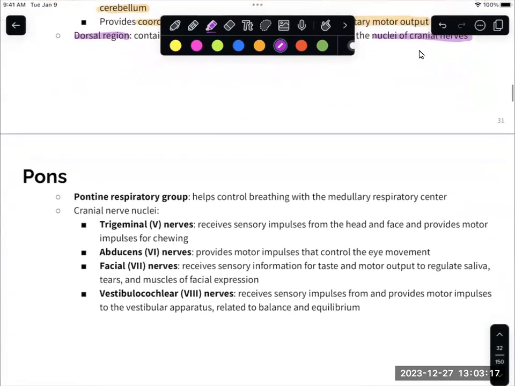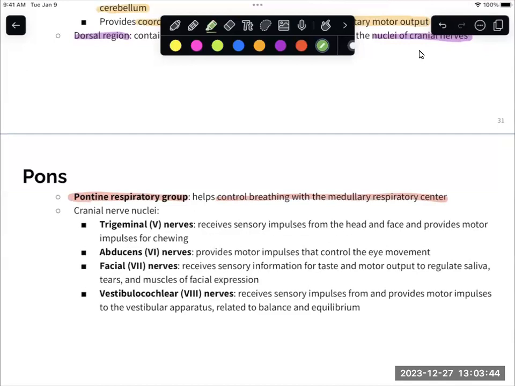We also have a pontine respiratory group. It's going to control breathing with the medullary respiratory center. You go into a lot more detail about what these medullary and pontine respiratory centers do in Anatomy 2 when you get to the respiratory chapter.